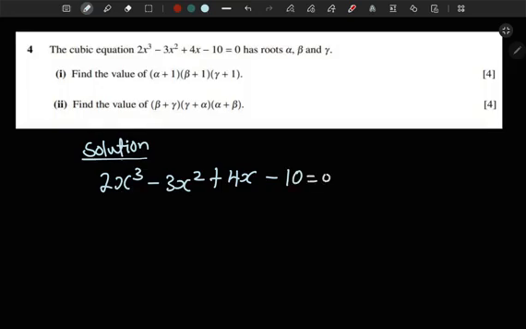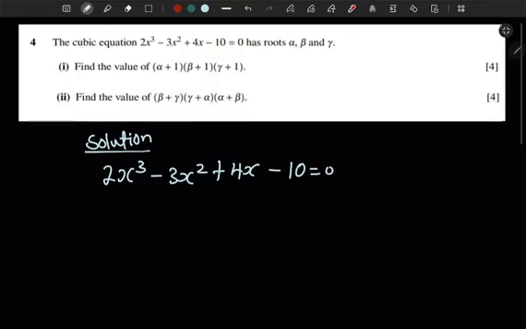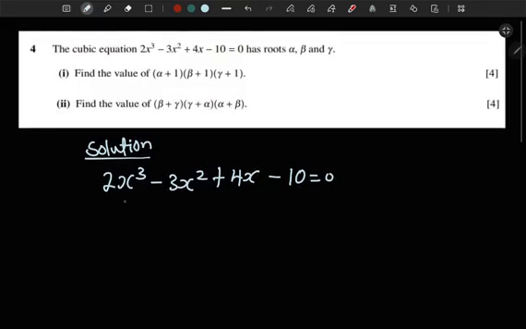equals 0. Then we ensure the coefficient of the highest power, which is the x cubed, is 1. So to do that, we divide both sides by 2, and this becomes x cubed minus 3 over 2 x squared plus 2x, then minus 5 equals 0.